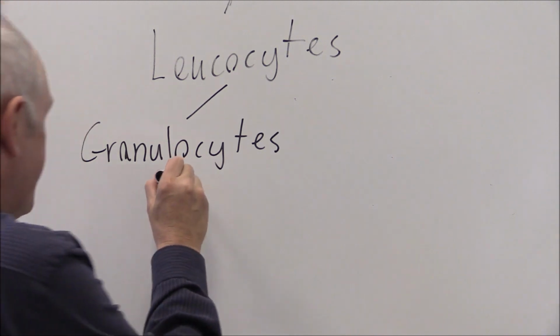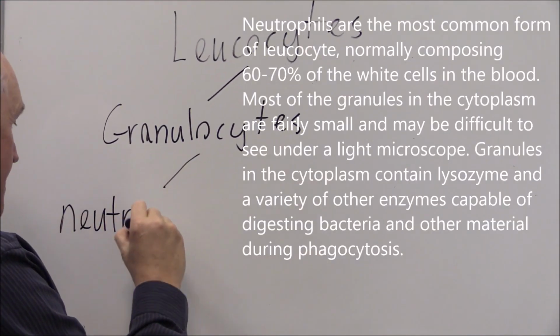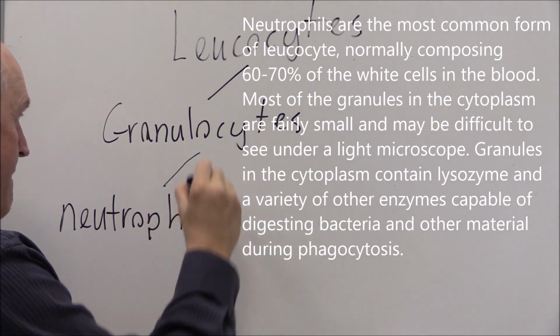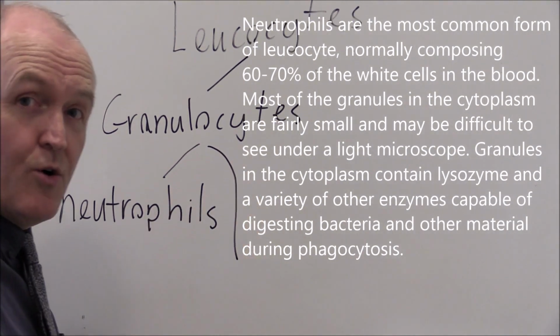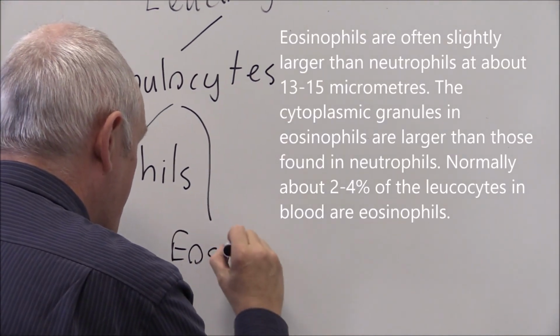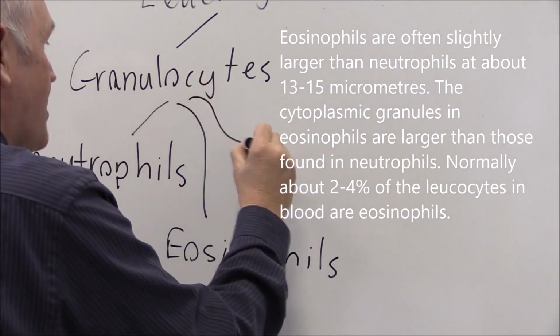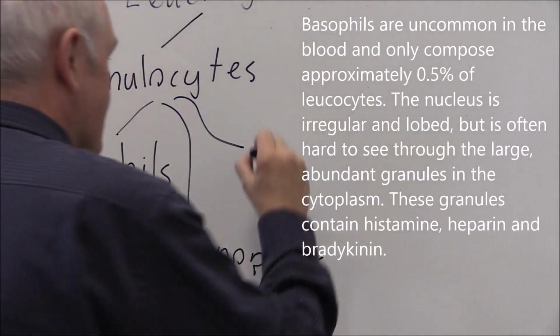And the most common one of these are the neutrophils. Then there's another type called eosinophils. And there's a less common type called basophils.